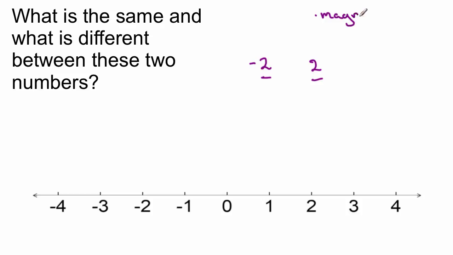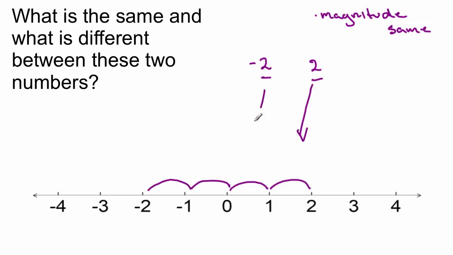The magnitude is probably best understood as the distance away from 0. So that's 1 step, 2 steps for the positive, and 1 step, 2 steps in the other direction for the negative. So there's a similarity in that they are the same distance away from 0.